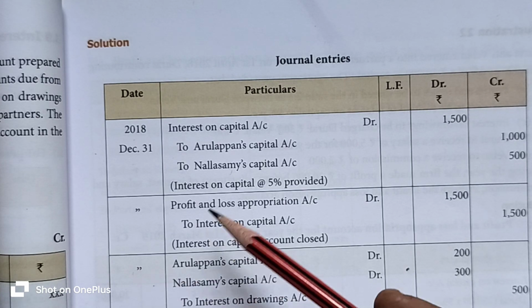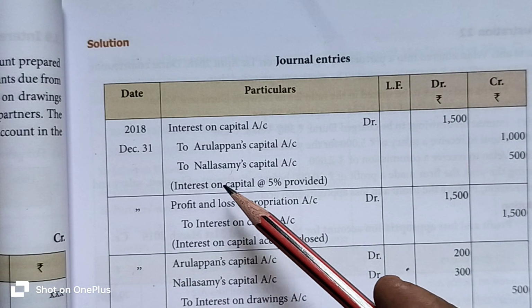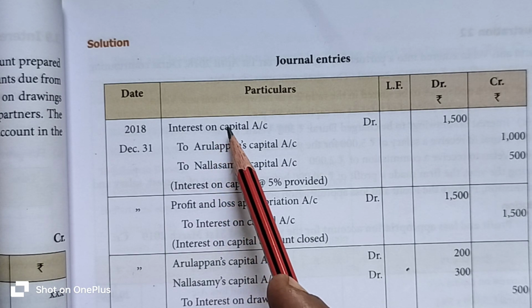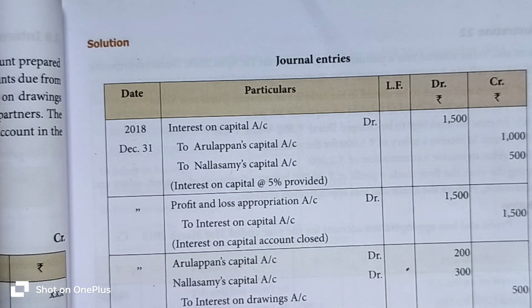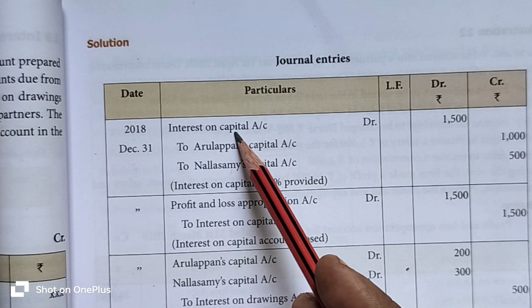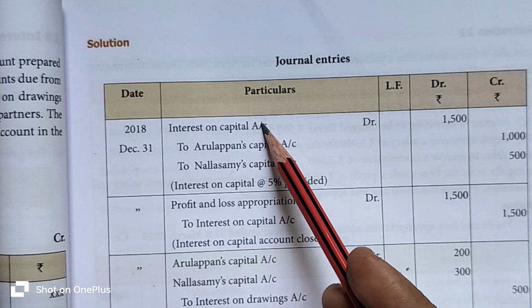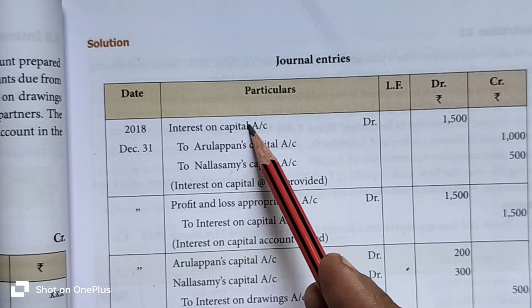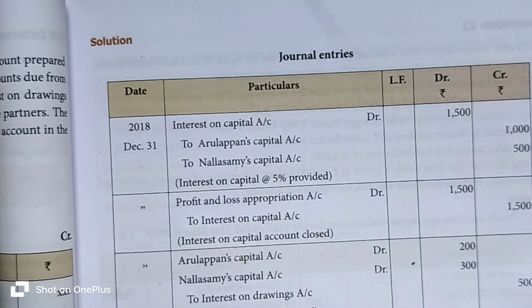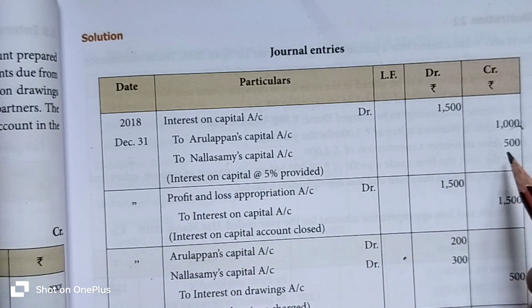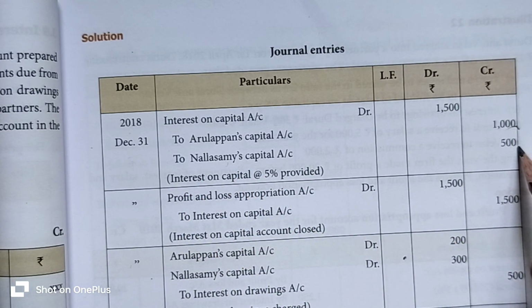So interest on capital is an expense, right? So interest on capital is to be debited. Arulappan's interest on capital is 1,000 rupees and Nallaswamy's interest on capital is 500 rupees.